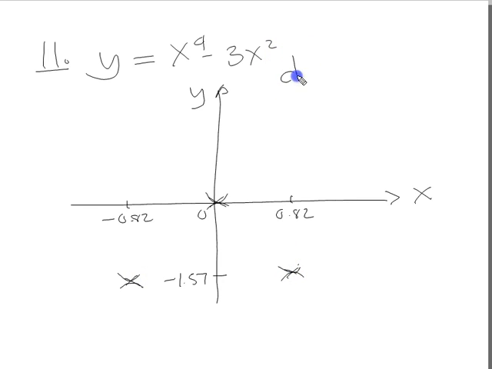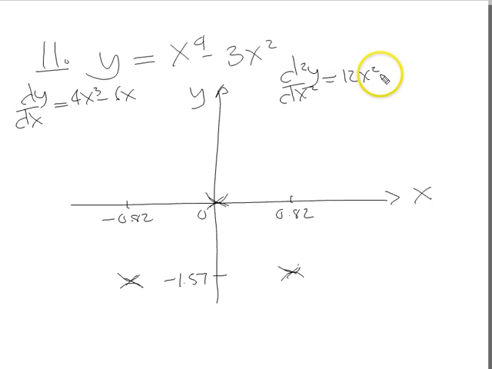So let's work out d2y by dx squared then, shall we? We know that dy dx, so I'll quickly put it on this page as well, is 4x cubed minus 6x, isn't it? So d2y will be 12x squared minus 6, won't it? So what have we got then? We've got 12x squared minus 6.